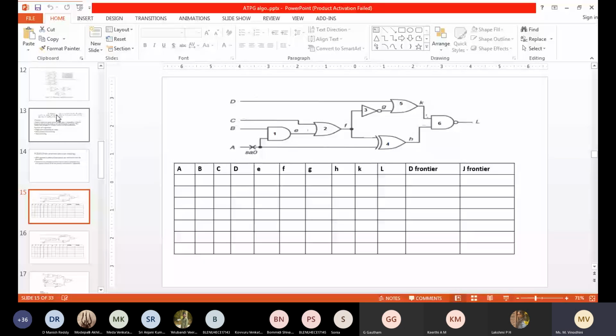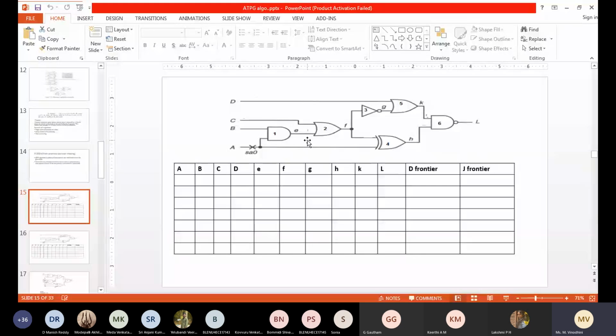First step, you have to create a table like this. In the table, enter each variable of the circuit in its own column: A, B, C, D, E, F, G, H, K, L. Remember, a variable should be assigned for all the gates present in the circuit.